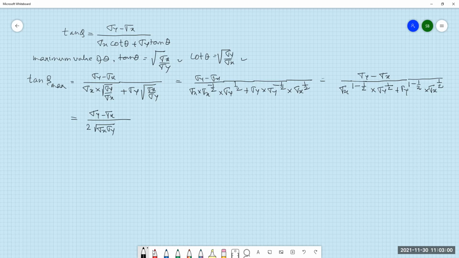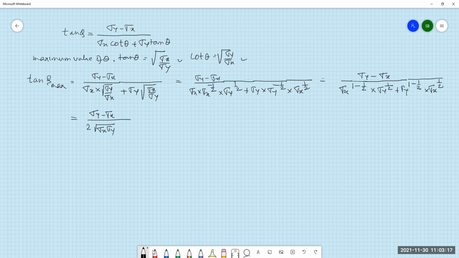So the maximum value of theta is here, where tan theta is the square root of sigma x by sigma y, and this gives the maximum value of phi.